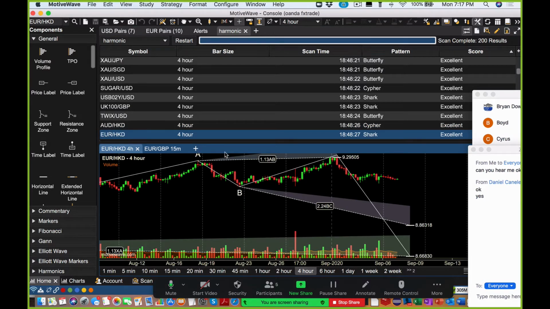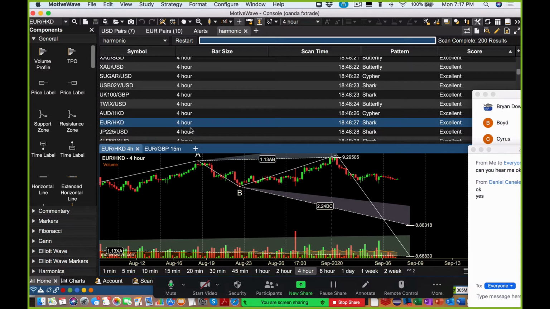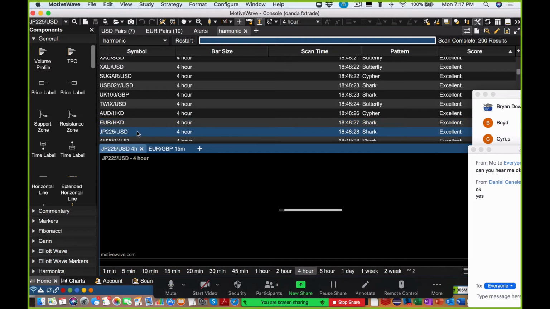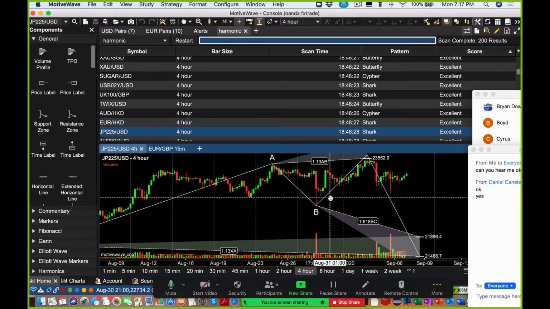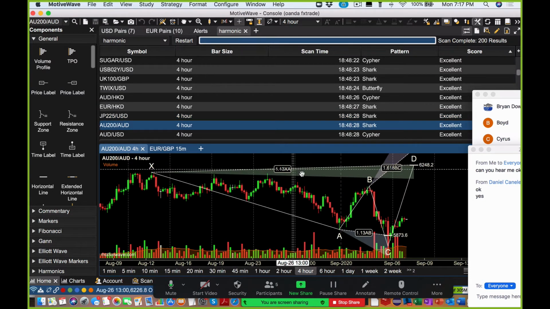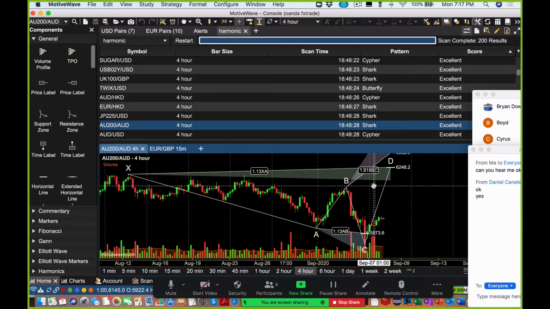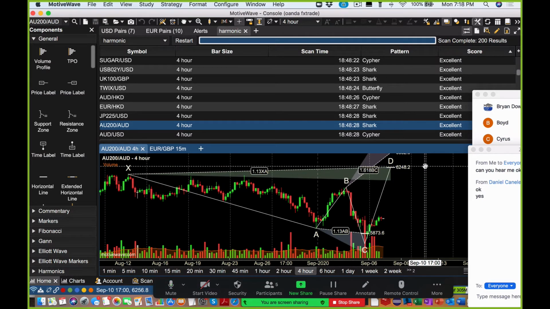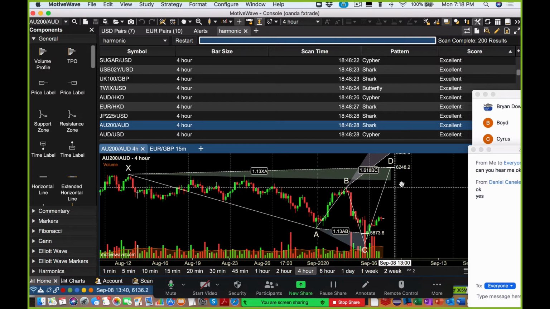With the Asian currencies, specifically the euro and the USD, are showing that. We even have Japan 225 showing a short. This one's kind of odd. The Australian market is up with a long in place.